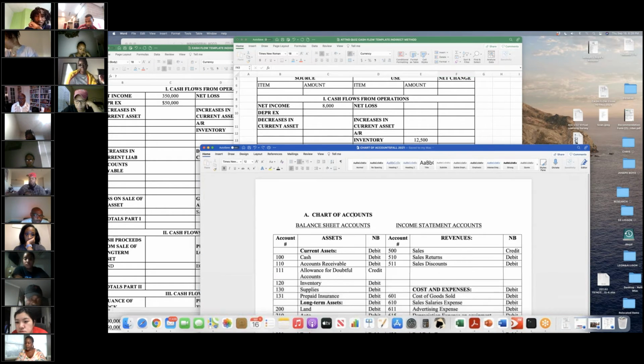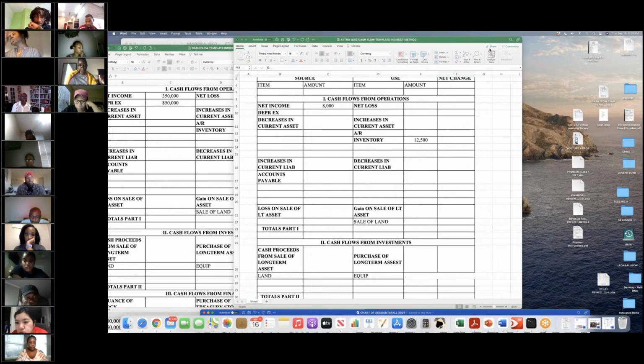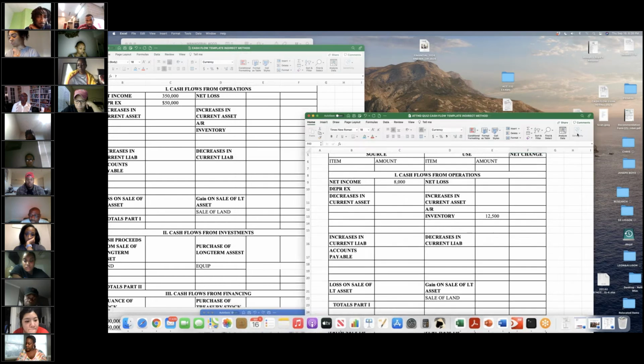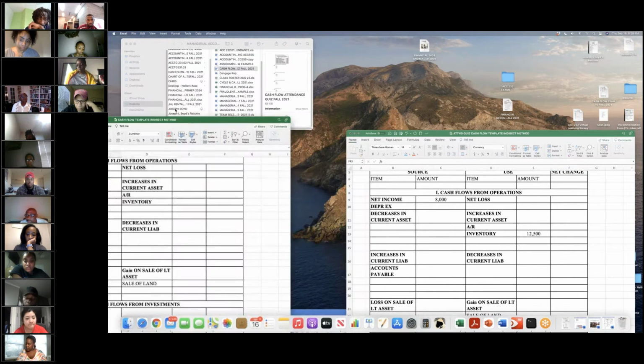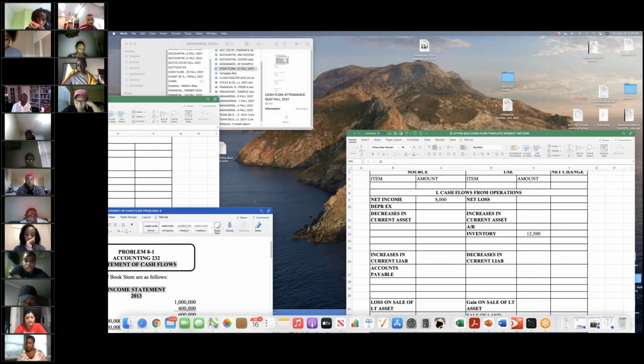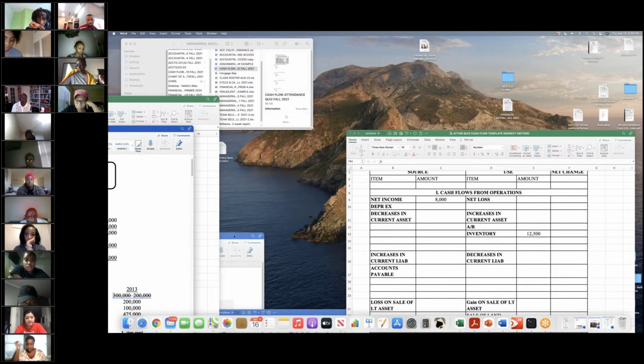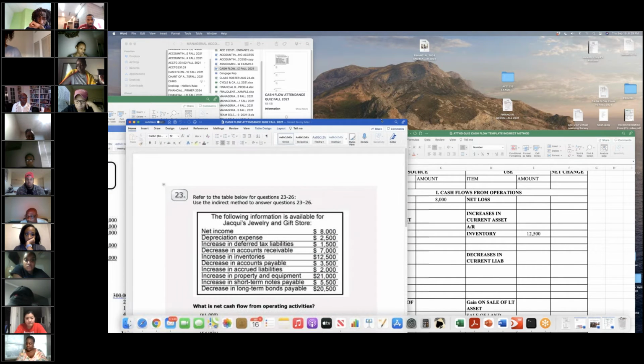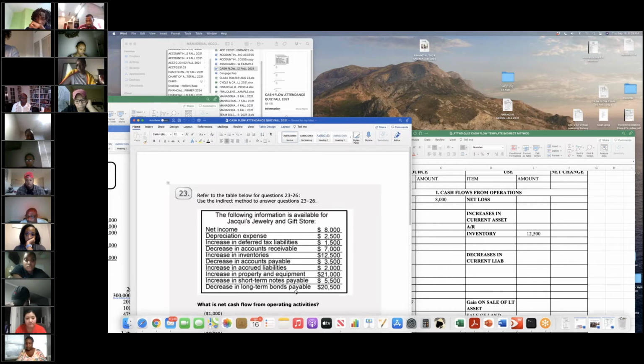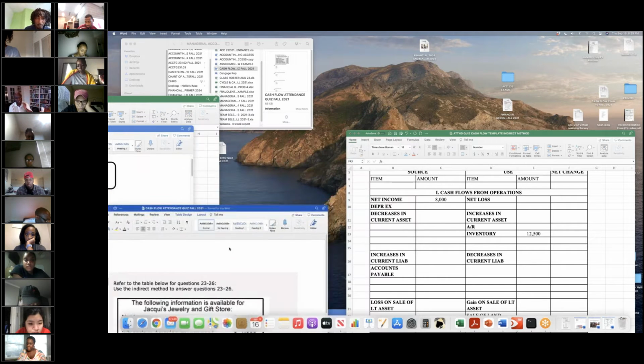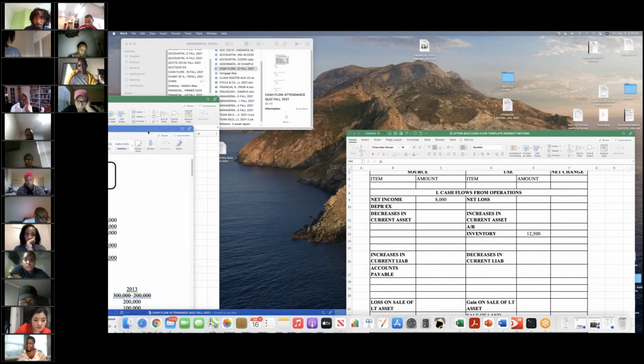Let me look, see if I can find this problem. Yeah, if you look at your chart of accounts, accrued liabilities are typically short-term. But that's why I put the chart of accounts in there. So just plow on through.